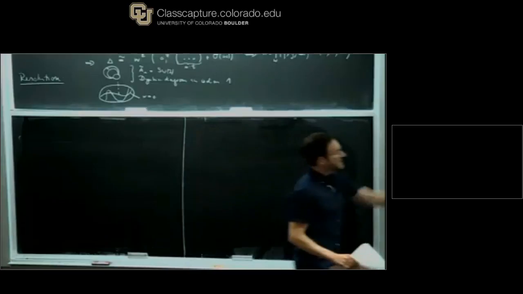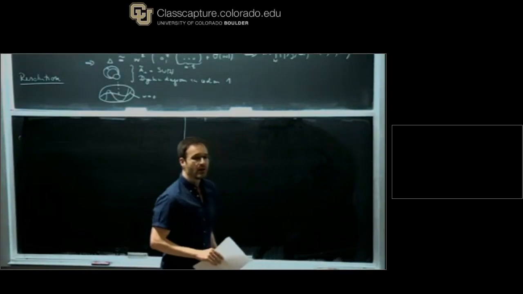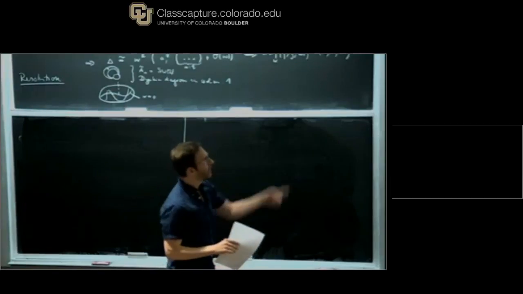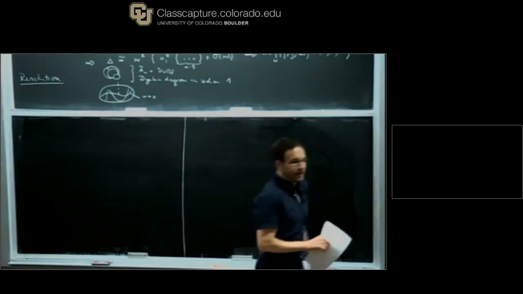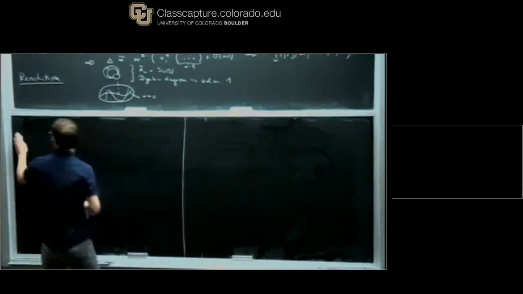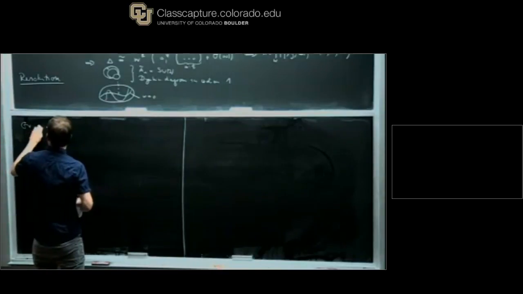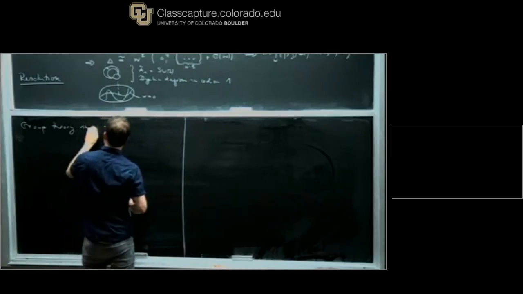What we need to understand the statement quantitatively is we need to recall how a representation of an algebra is actually defined in terms of its weight vectors. And for this, let's make a little group theory insert number 2.